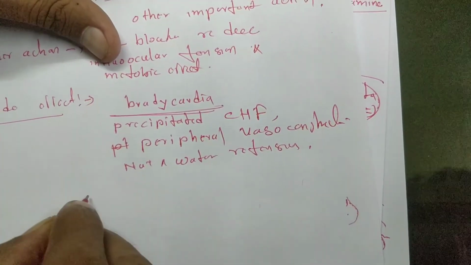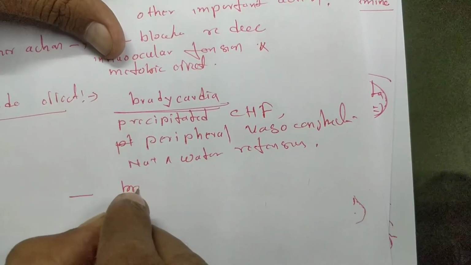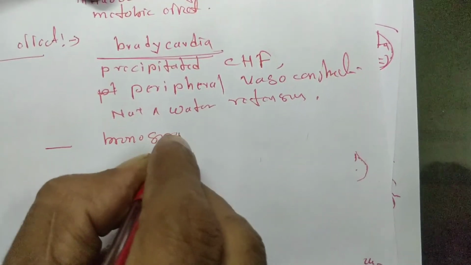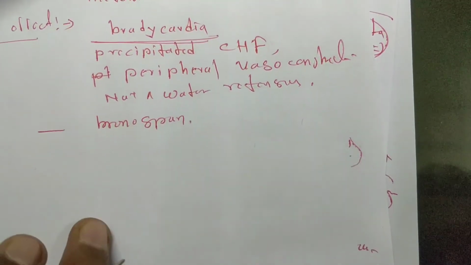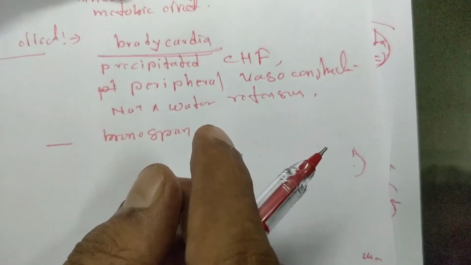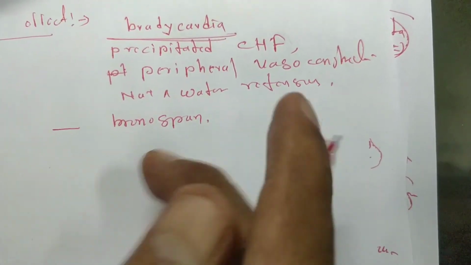Another side effect is bronchospasm, because they block the beta 2 receptor and constrict the smooth muscle.